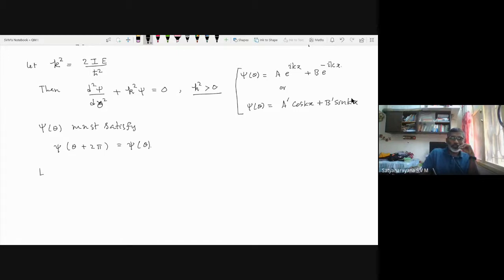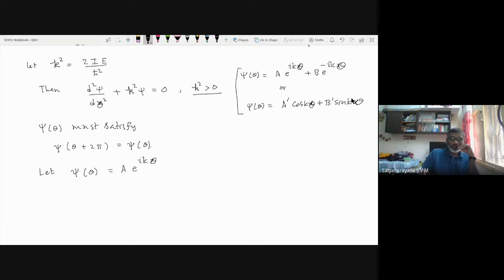Okay, so let psi of theta be equal to some constant a into e to the power ik theta. I think I have been mixing theta and x, so please, wherever I put x, replace it with theta. Now, whatever happens to this one will happen to e to the minus ik theta also.